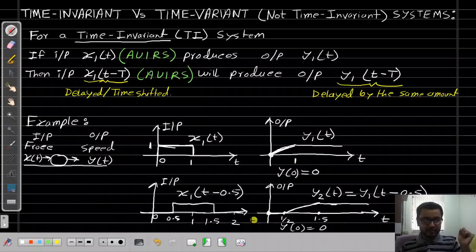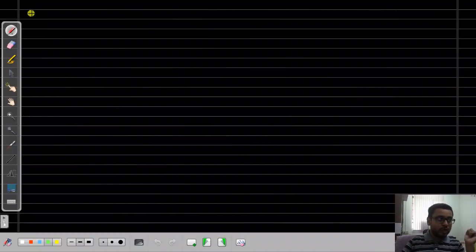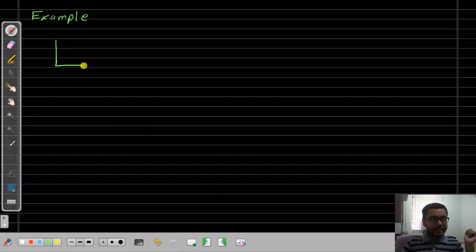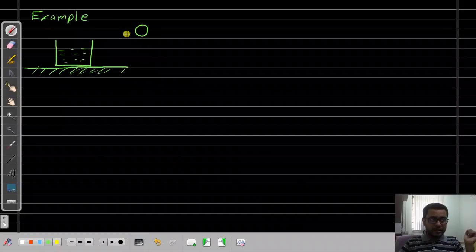Let me give you now a counter example. Say consider a water tank on ground and we have sun here, bright sun.